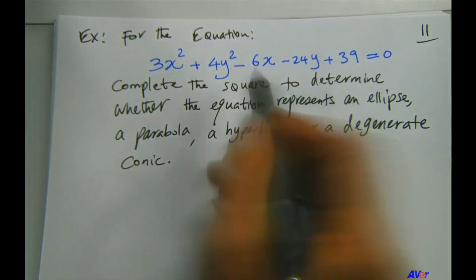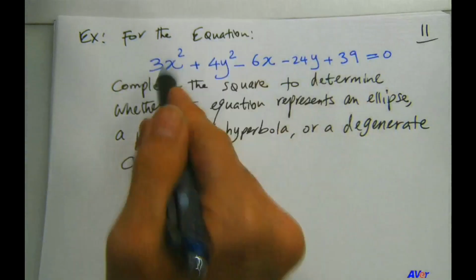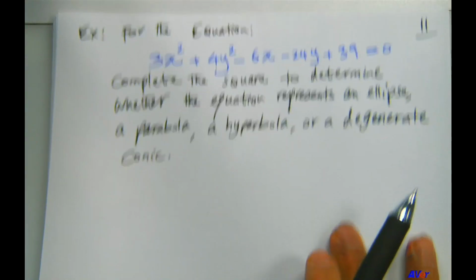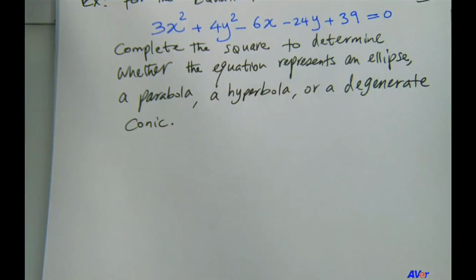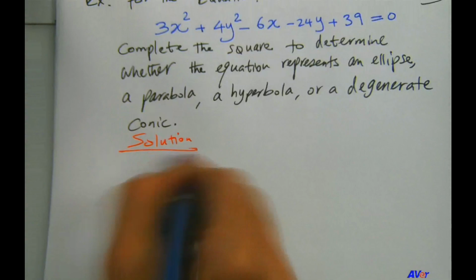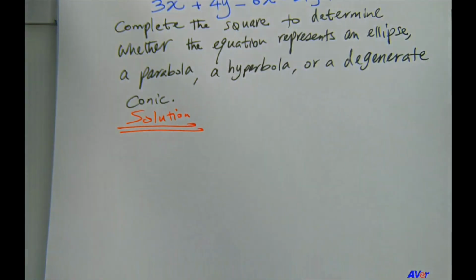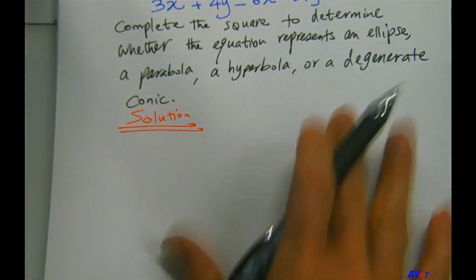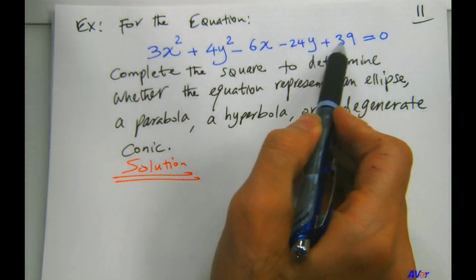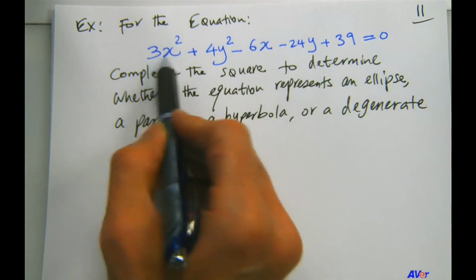Okay, so for completing the square, we want to keep all the variable terms on one side and move the constant, the only constant or any constant, to the other side. So that's the first thing we will do. And not only am I going to move this 39 to the right-hand side, I'm going to move this minus 6x next to the x squared term.